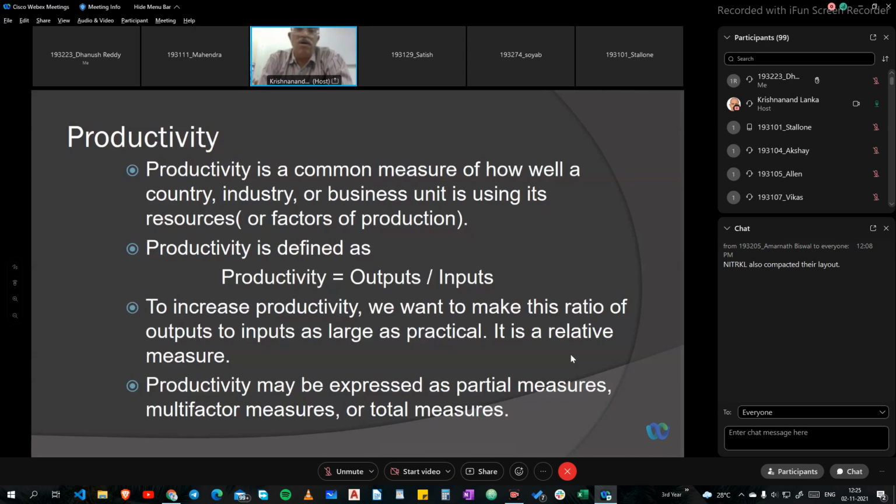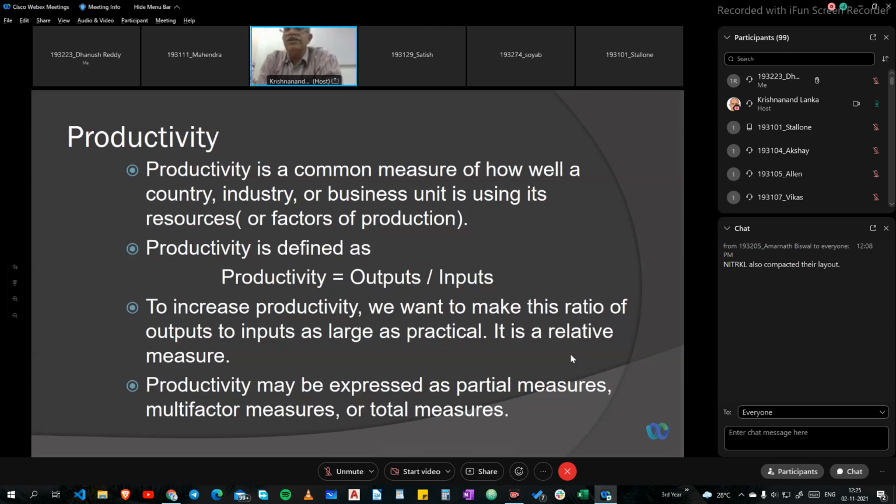Or what is the sales per square foot of a particular retail outlet. For example, Reliance Fresh. If they want to find out the productivity of each shop, they use various parameters.